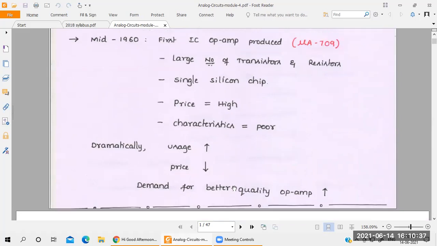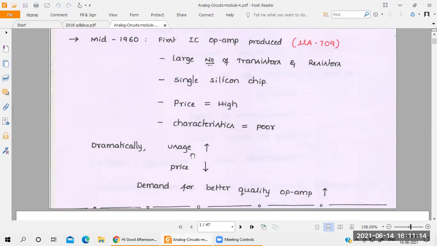Next, the usage of the ICs increases. Day by day the usage of the op-amp increases, but the cost has also been reduced because they reduced the number of transistors in the ICs. Once you reduce the transistor size and the number of transistors, the price automatically reduces.